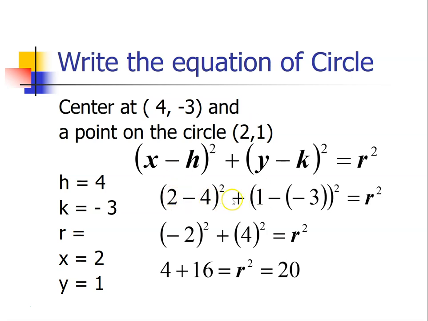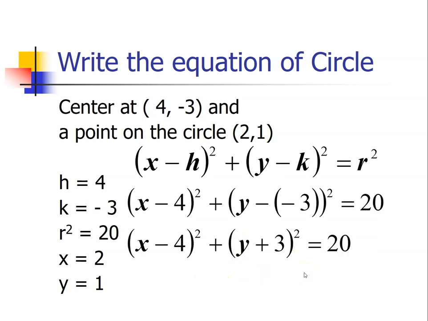So (2 minus 4) squared plus (1 minus negative 3) squared to find the radius of the circle. So you will have 4 plus 16 equals r squared. Therefore r squared is equal to 20, so r is equal to the square root of 20. Okay?